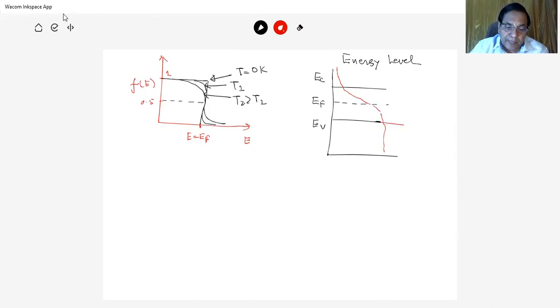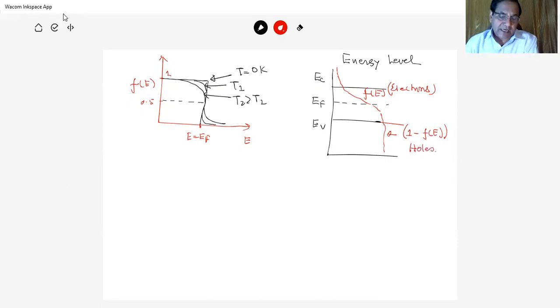So this function f of E is for electron, and this function is 1 minus f of E for holes and electrons.